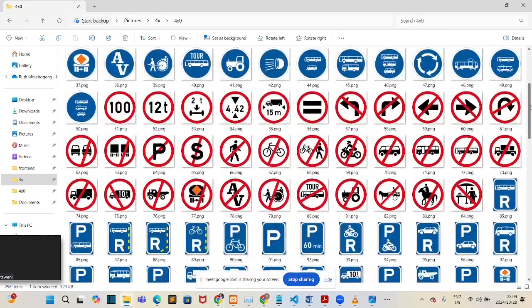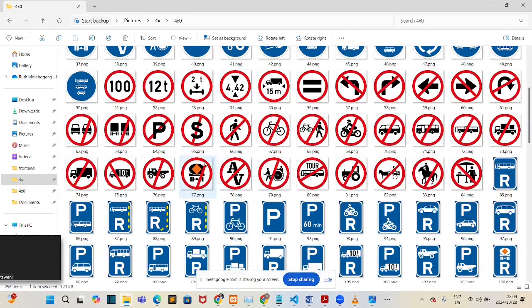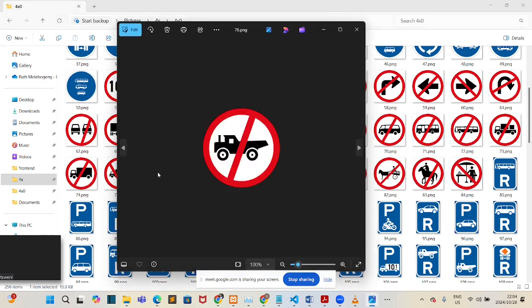Bongu Musa, you are given the following sign. Where is this prohibition sign? Oh, there it is. What action should be taken when you come across this road sign? A. Do not enter this area or use this road if you are driving a construction vehicle.